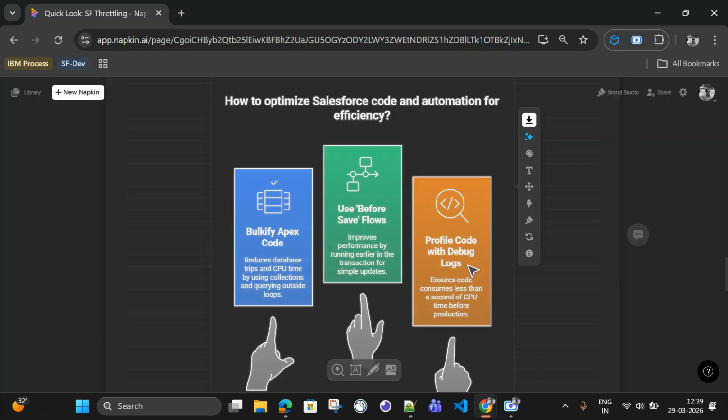Then you should always debug your code to understand which part of your code is consuming more time, and then focus on how you can reduce that time consumption. These are very small things, but they will help you in making your application throttle proof. You will never face a throttling issue.